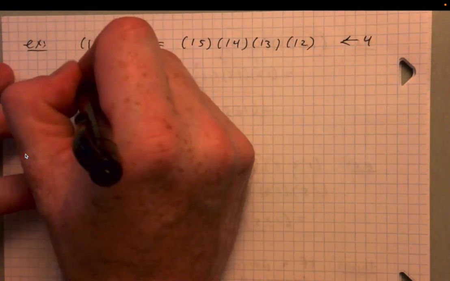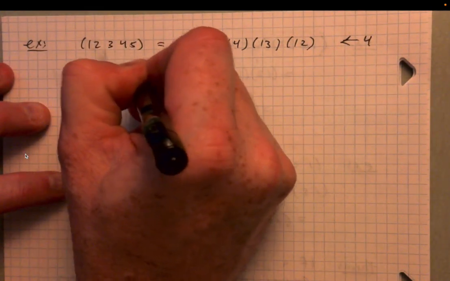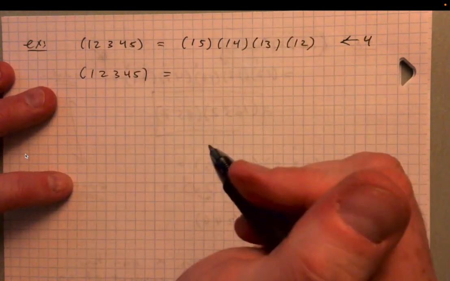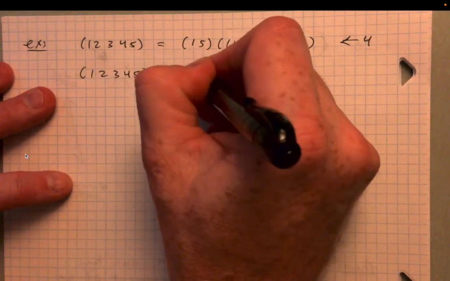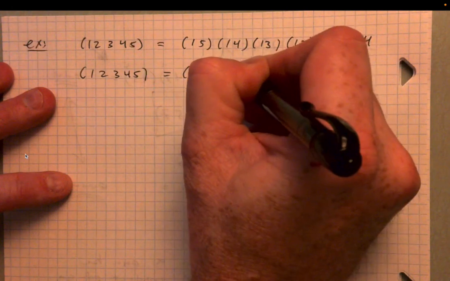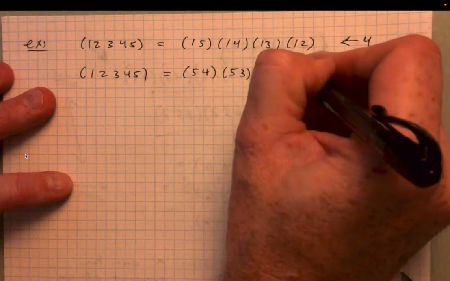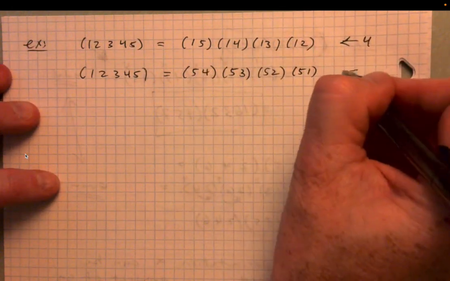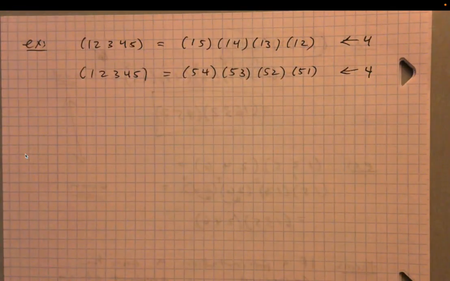We also saw this one: 1, 2, 3, 4, 5, and we saw where we could go 5, 4, 5, 3, 5, 2, 5, 1. Obviously here is another one with 4. Now there are going to be more of these. There are more options.